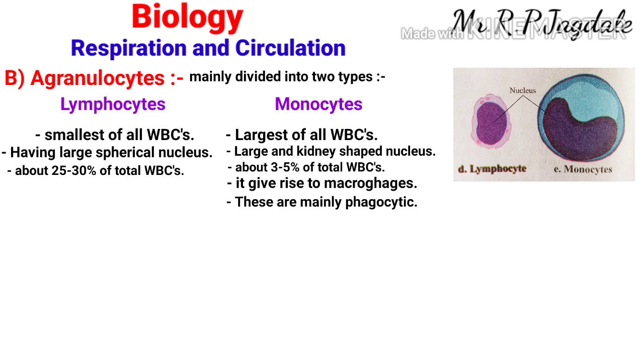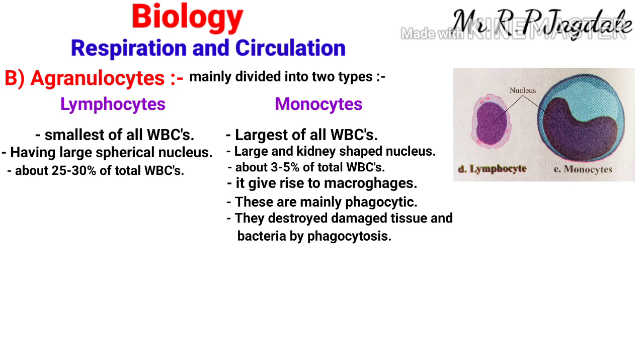Phagocytic means what type of function they do: they destroy damaged tissue and bacteria by phagocytosis. So phagocytosis is the main function of the monocytes. This is about the monocyte.